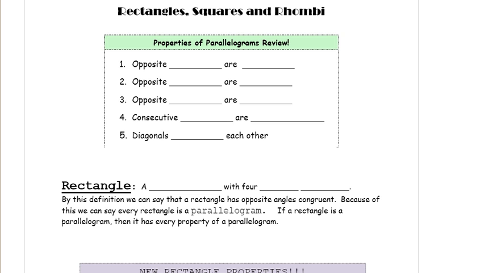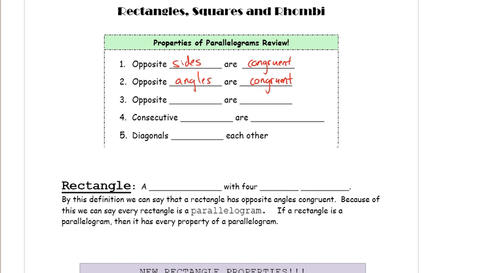So, a little parallelogram review, because since these are all going to be parallelograms, we want to know what's going to be true about these, plus a couple extra things. So we know opposite sides are congruent. We know opposite angles are congruent.